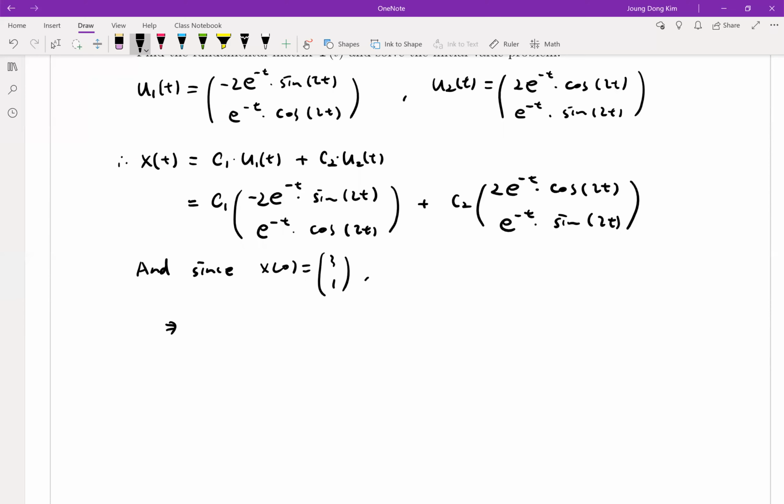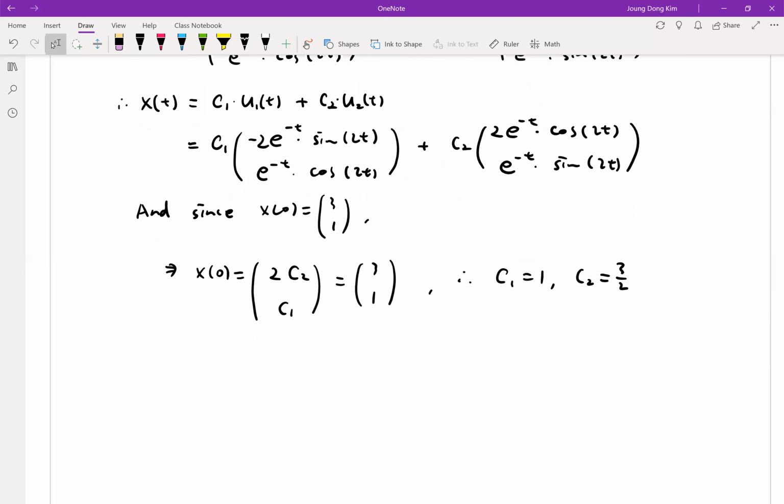Then by plugging in 0, your x0 is, since sine is 0, for the first row we're going to have 2 c2 only. The second row is c1 only, which must be equal to the given initial condition. Then I can say your c1 is 1 and c2 is 3 over 2. Then just plug it back, and we can complete this problem.